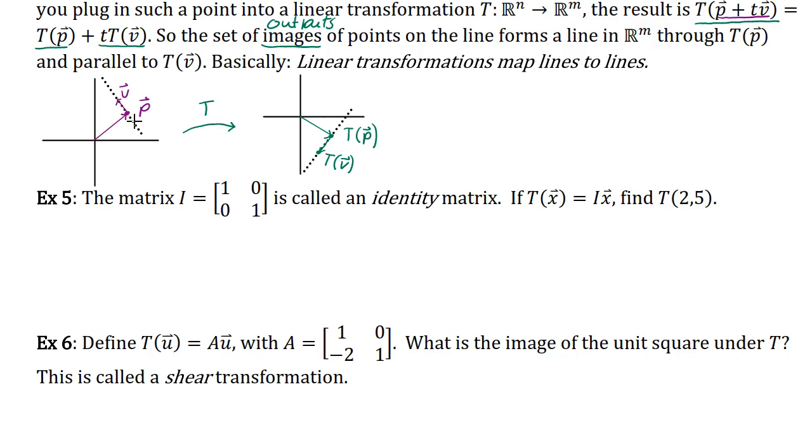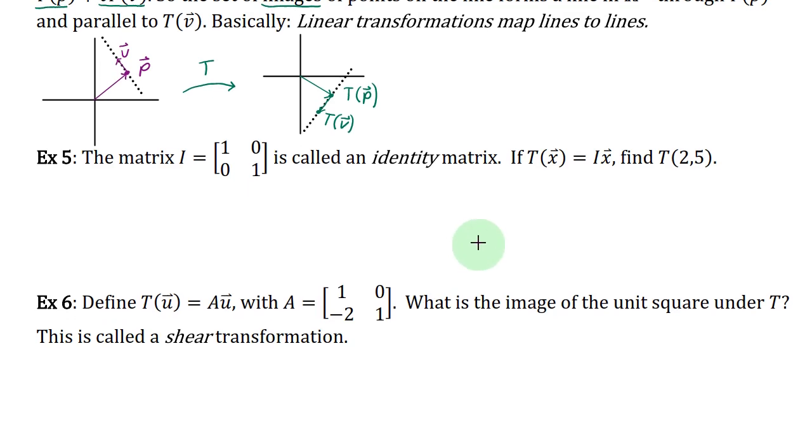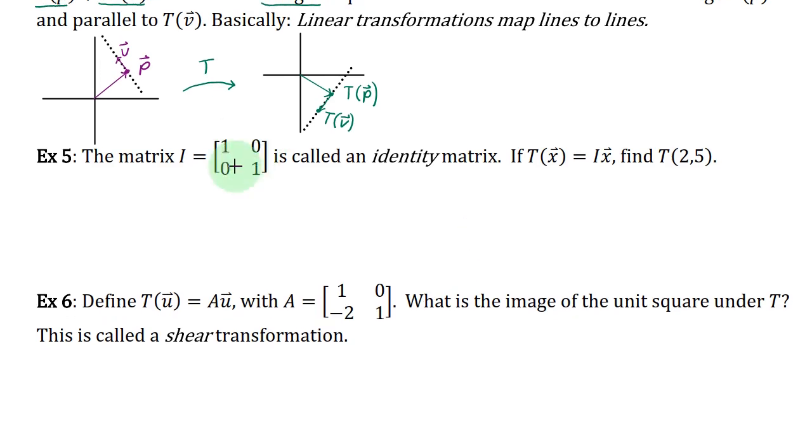Let's look at example 5 here. This matrix 1, 0, 0, 1 is called an identity matrix. If T of x is defined as I times x, let's find T of (2, 5). T of (2, 5) is another way of just writing T of the vector (2, 5). Those mean the same thing.